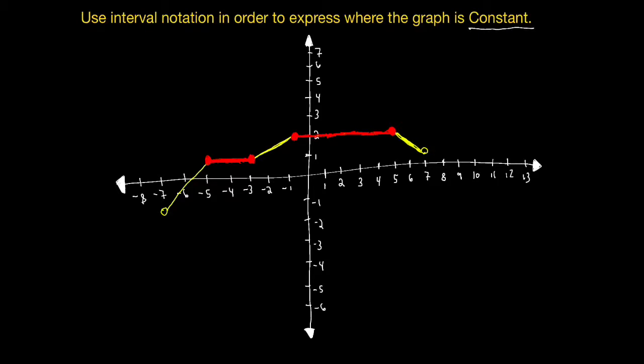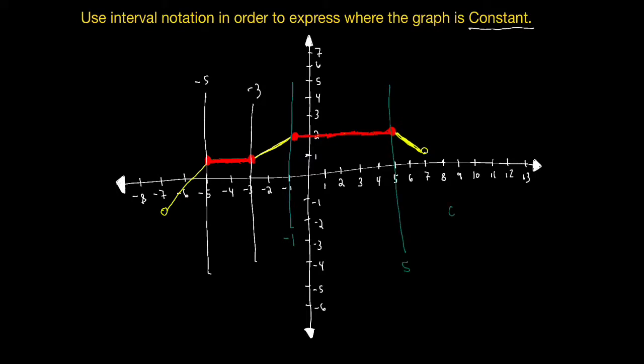So drawing the breaks here, we can see that this constant interval begins at -5 and then it ends at -3. And then for the second constant interval, we can see that it begins at -1 and then it ends at +5.